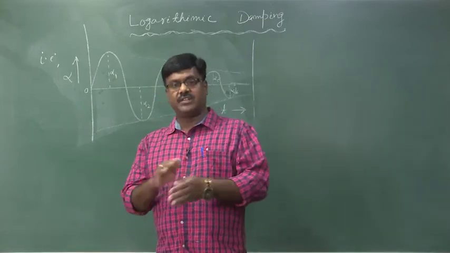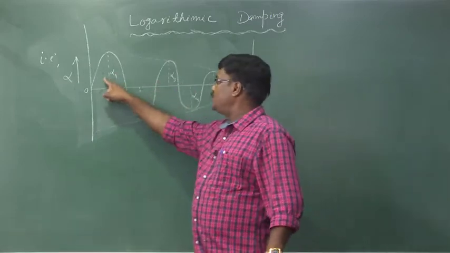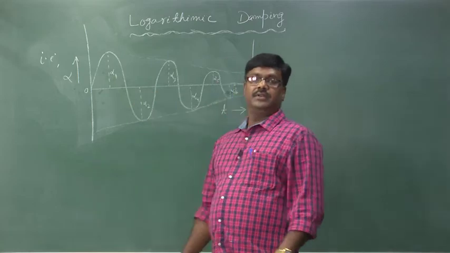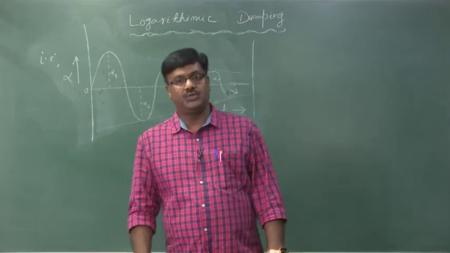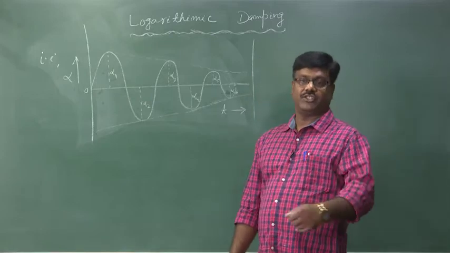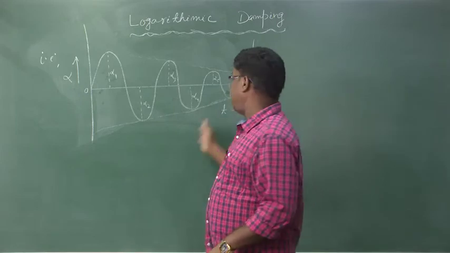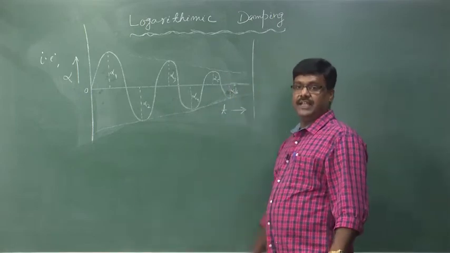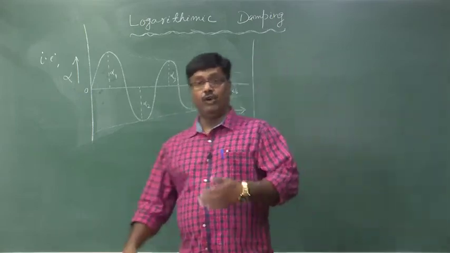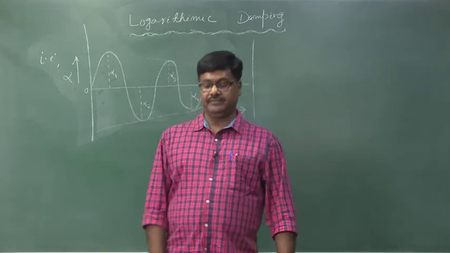It is observed that the decrement of two consecutive oscillations or amplitudes is always constant, and as it decreases exponentially, hence there is a logarithmic decrement or logarithmic damping.